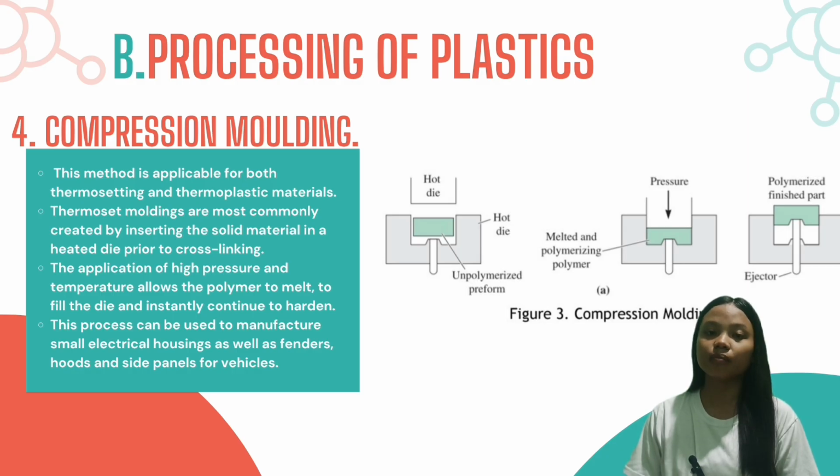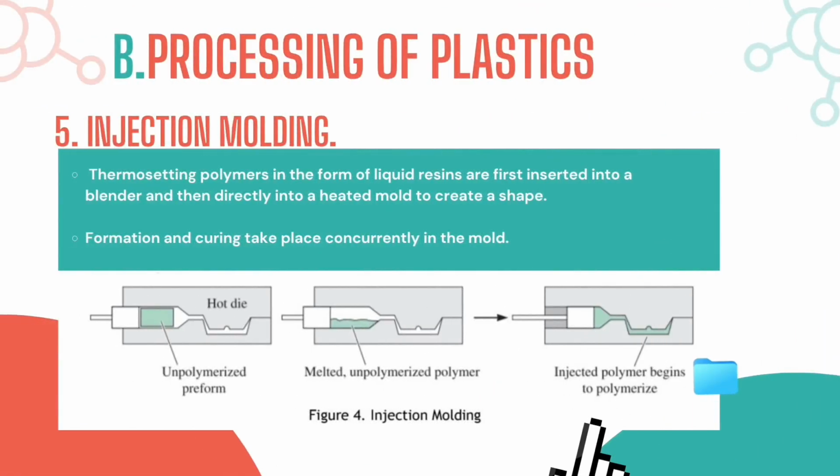As shown in the diagram, continuous pressure ensures na nakukuha ng material ang exact shape ng mold habang ito ay nag-harden or curing. Finally, once fully solidified, the mold is opened and the finished product is ejected or removed.